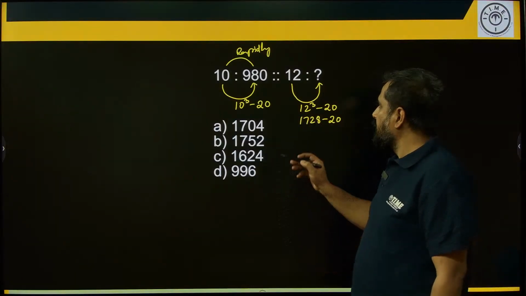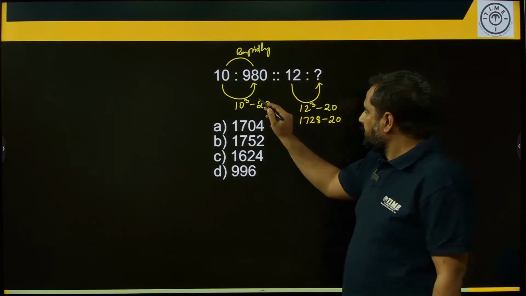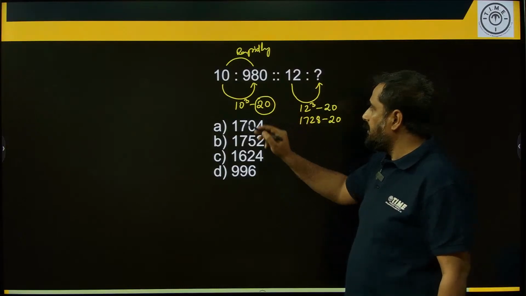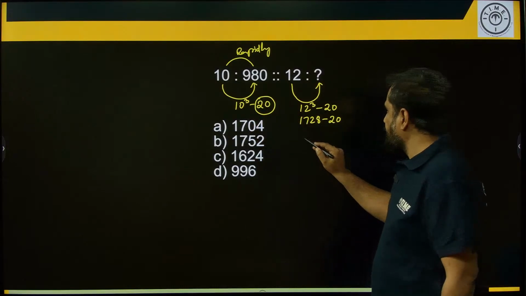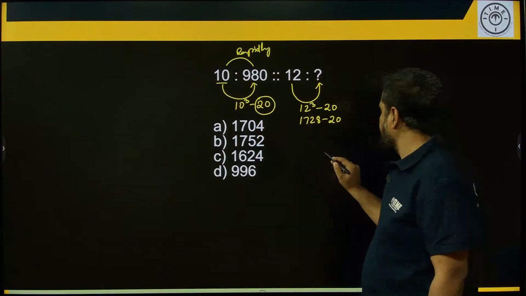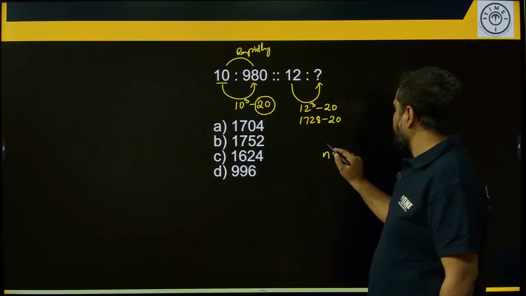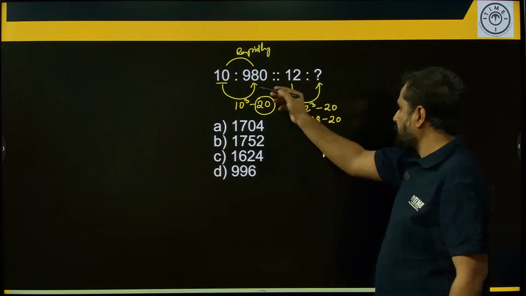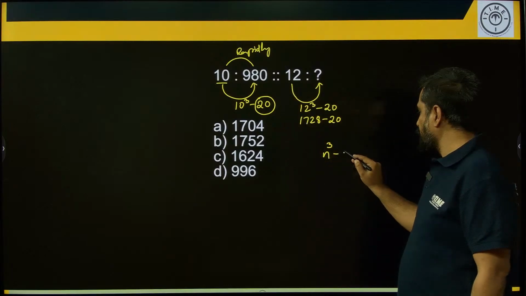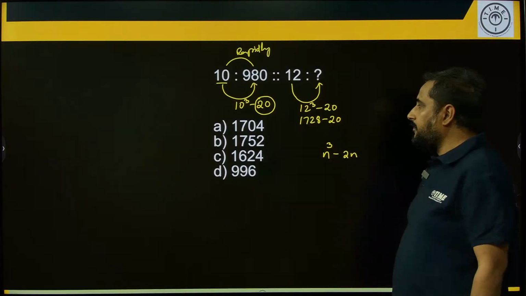Now what is the other logic given? See, instead of thinking of this as 20, let us consider this: if this number is n, then it is n cube minus 10 into 2, that is 2n. n cube minus 2n.